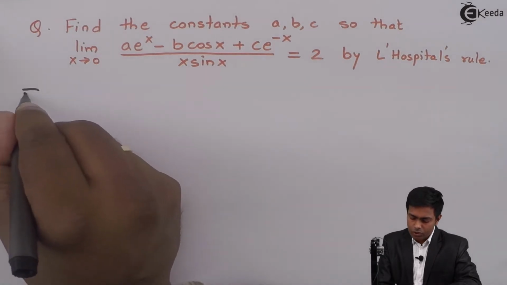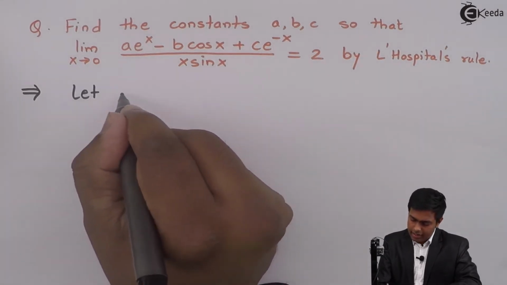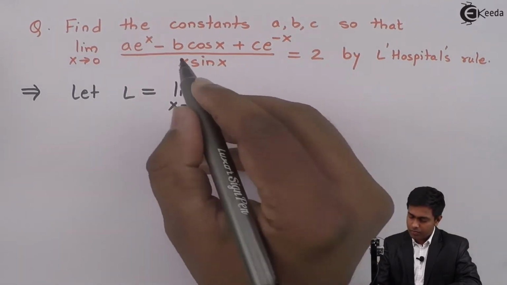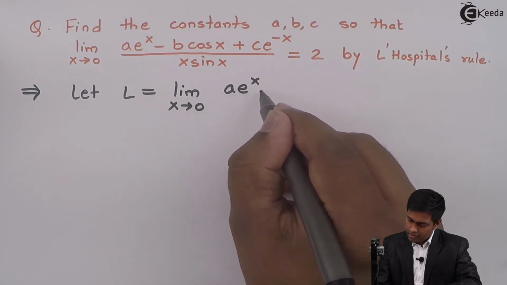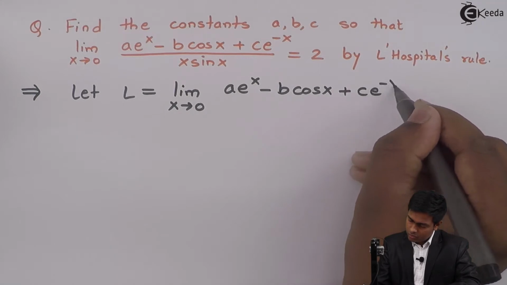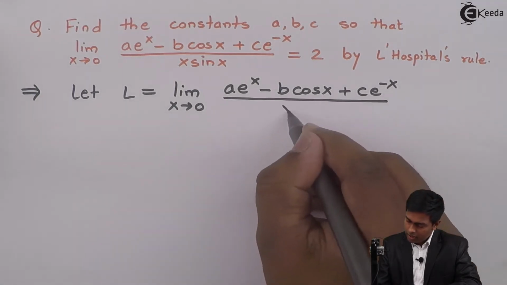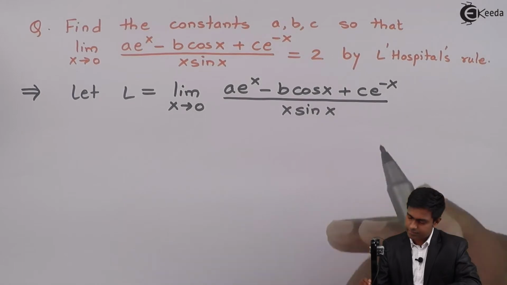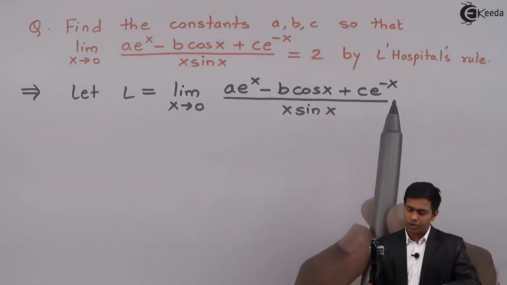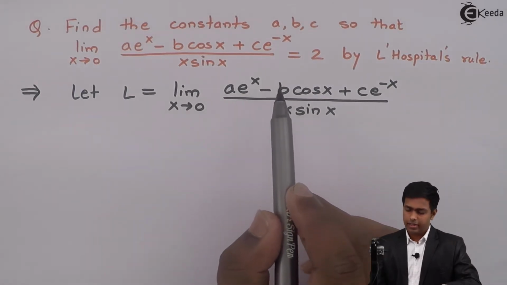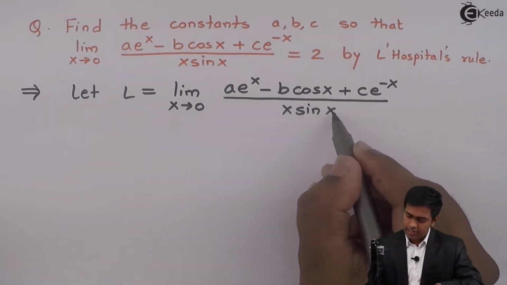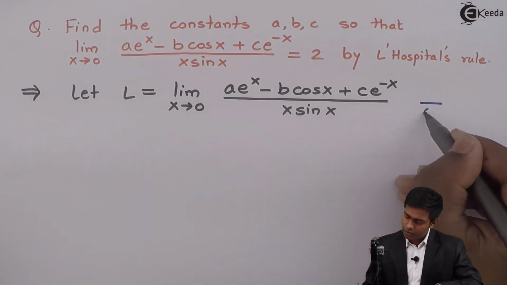So, let's start. First of all, let L be equal to the limit as x tends to 0 of (a e^x − b cos x + c e^(−x)) / (x sin x). Now, in the given limit, if I substitute x tends to 0, in the denominator we will get 0, because sin 0 is 0, and 0 times 0 is 0.